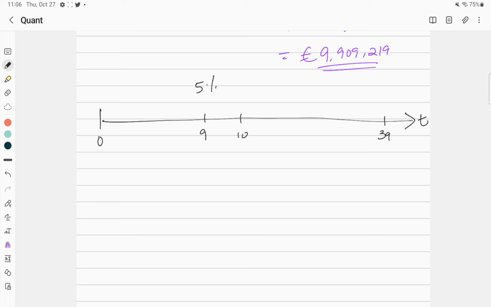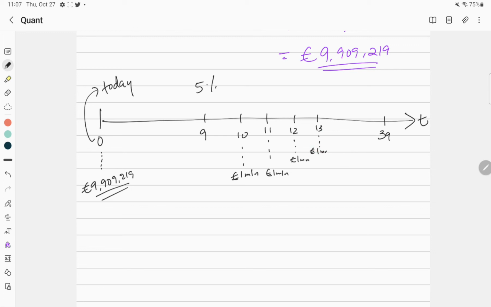So this fund manager should have 9,909,219 euros today, so that he can begin to pay his retirees 1 million every year for the next 30 years, starting from the 10th year.